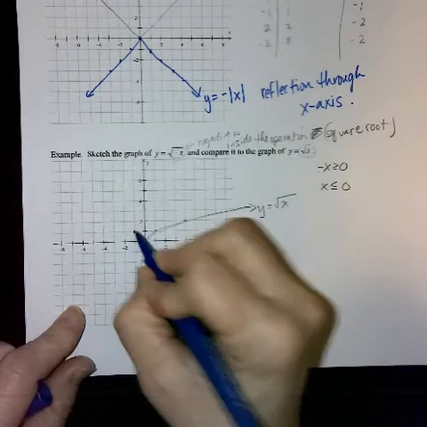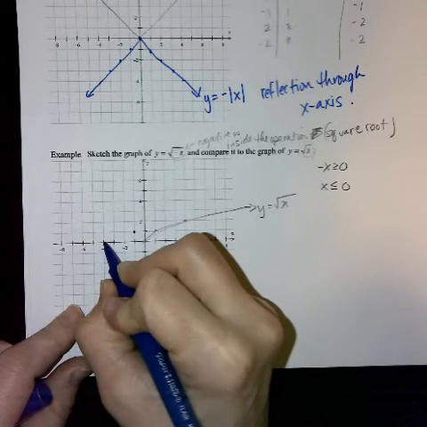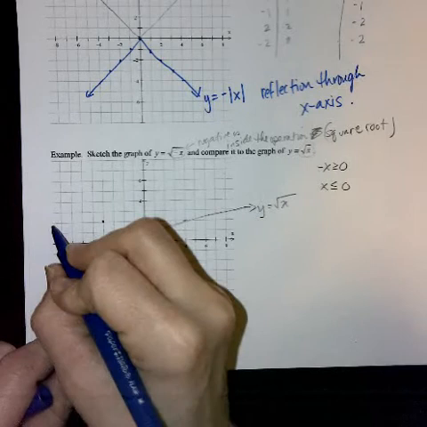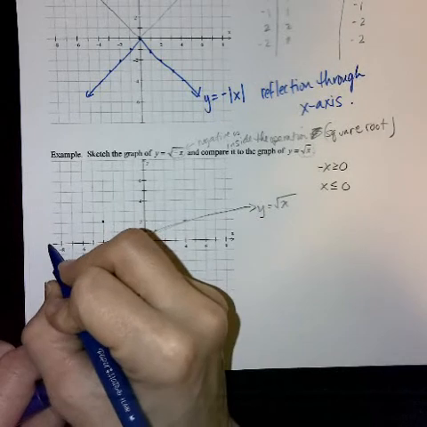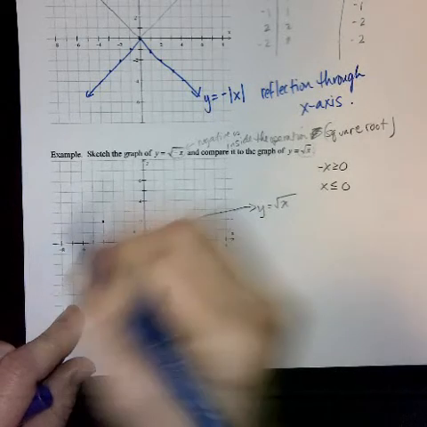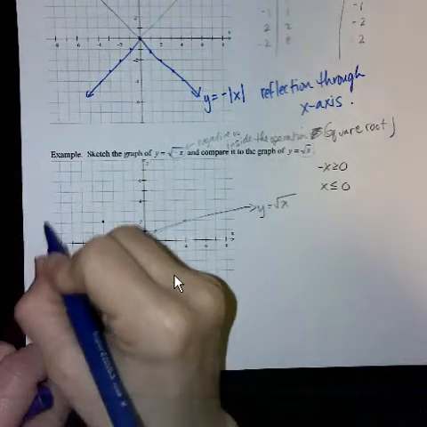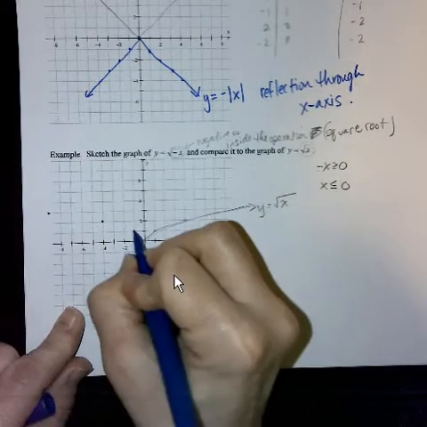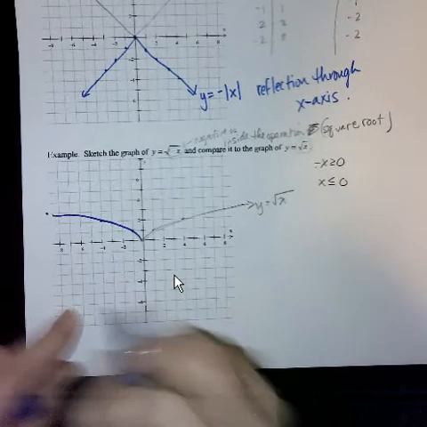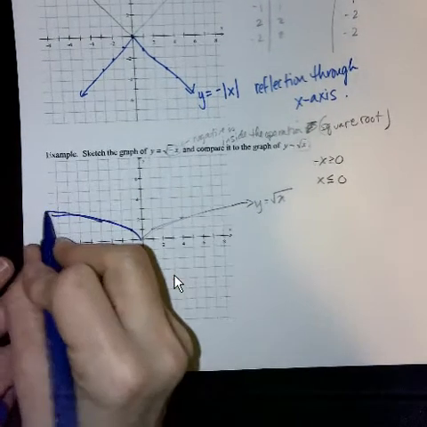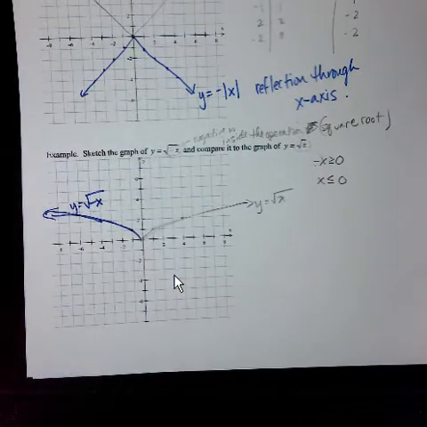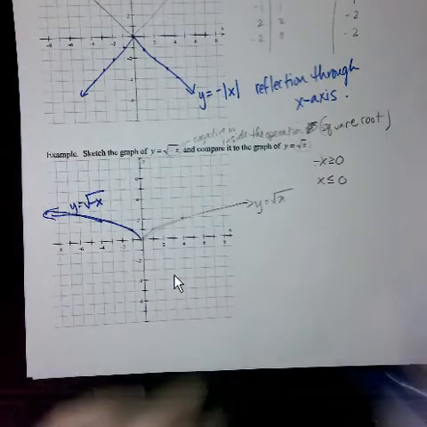When you plug in -4, the opposite of that is 4, and its square root is 2, and etc. Plug in -9, its opposite is 9, and the square root of 9 is 3, so that's about here. And so we end up, sorry, not the best graph here, but with a reflection through the y-axis.